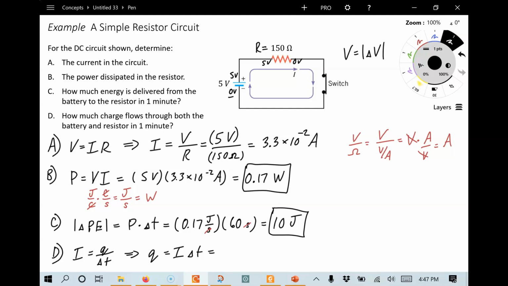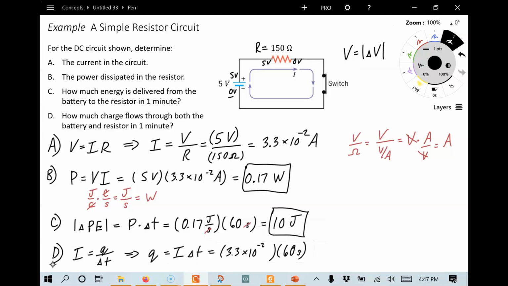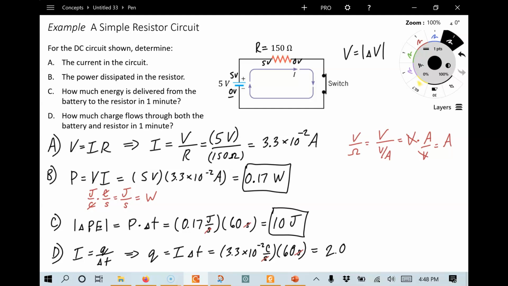In this case, we've got 3.3 times 10 to the minus 2 amps, multiplied by 60 seconds. And instead of amps, an amp is a coulomb per second, and so we're going to go ahead and cancel these out. We'll get coulombs, the quantity of charge, and putting that in the calculator, we get a value of 2.0 coulombs of charge.